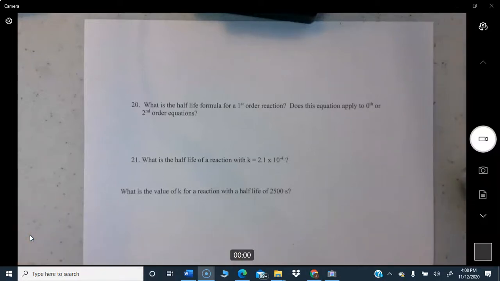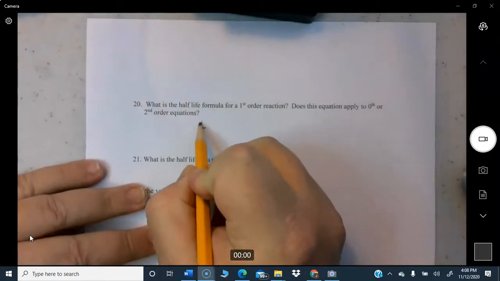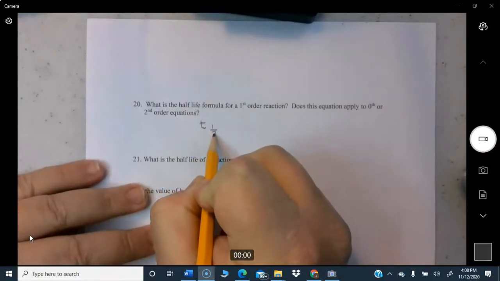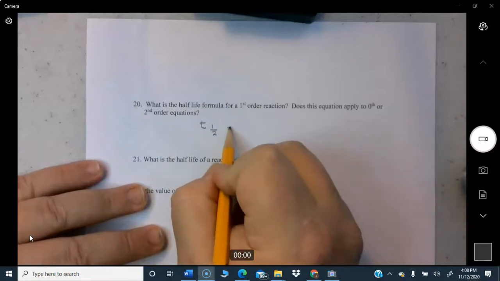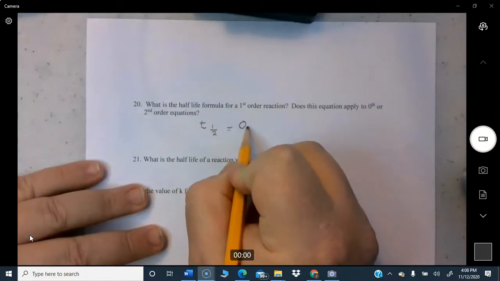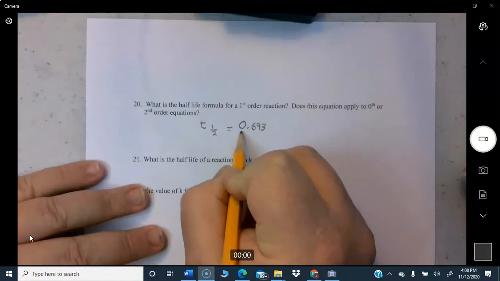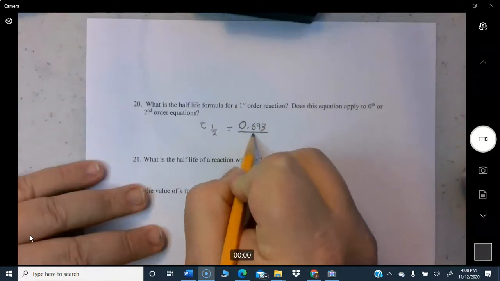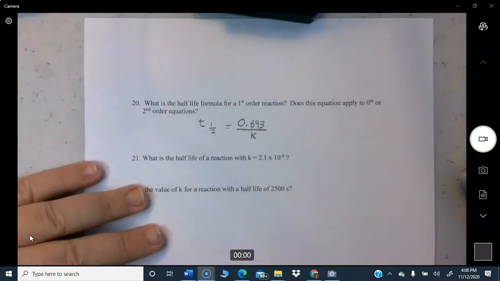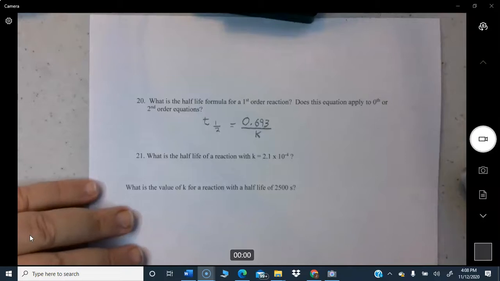So what is the half-life formula for a 1st order reaction? The way you write that is T subscript 1/2. That means half-life. And that's going to equal a fixed constant number, 0.693 over K, over the rate constant. Does this apply to a 0 or 2nd order equation?